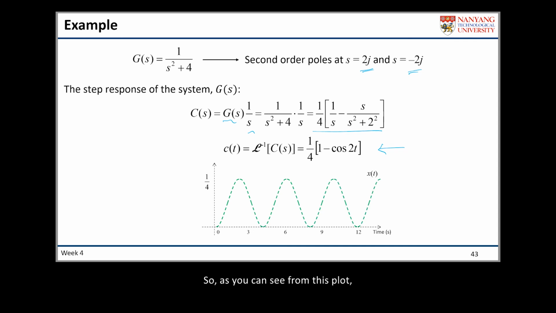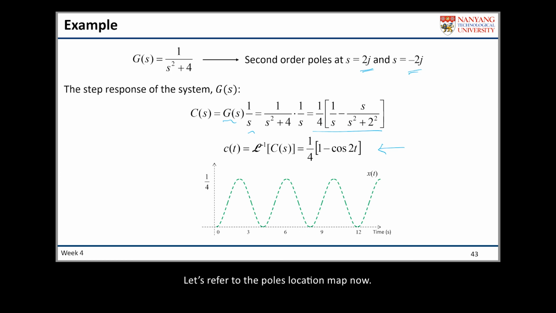As you can see from this plot, the response keeps oscillating all the time with the same amplitude. It's not converging to one single value, nor is the amplitude ever growing. So in this case, you don't have a stable system, but your system is not unstable either. This is what we call a marginally stable system.